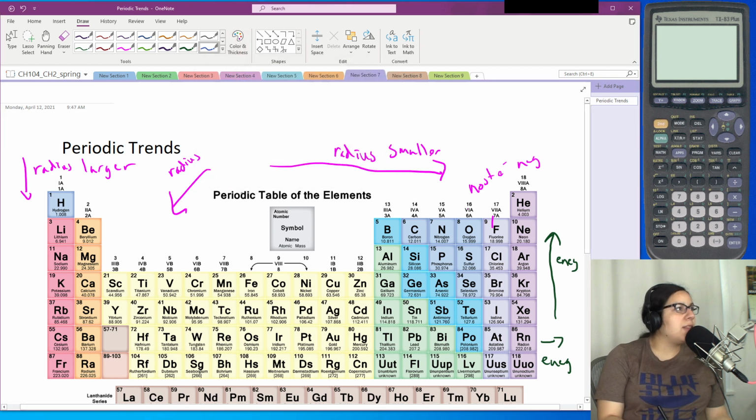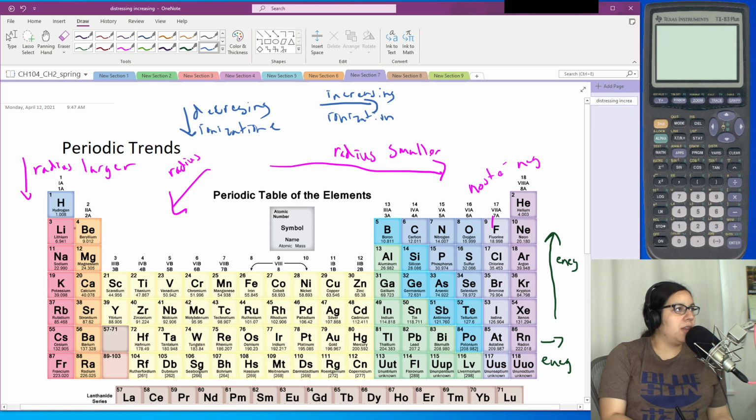So everything's kind of related. So we'll put decreasing ionization energy down the group. Then as we go across, increasing ionization energy. And you can imagine, by the time you get to fluorine, it's not going to be happy about giving up any sort of electron.